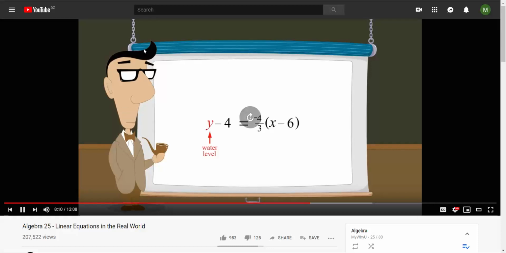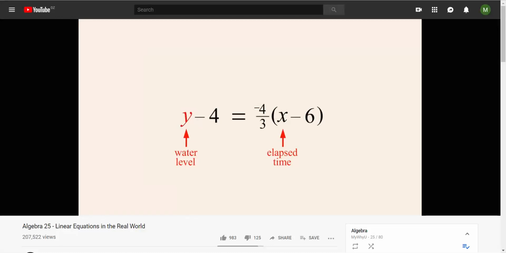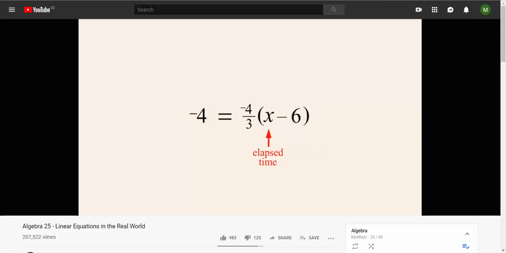To find out how long it will take for the pool to empty, we solve the equation for x. We start by setting the value of y to 0, and we can then write 0 minus 4 as -4. Since we are trying to find the value of x, we want to rearrange the equation so that x is alone on one side.